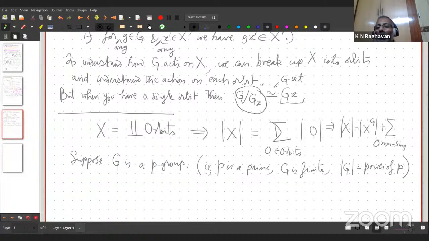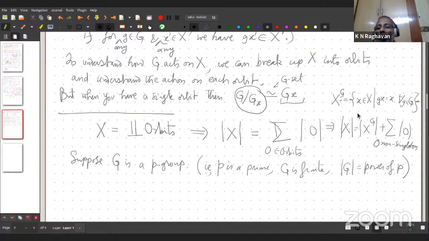Let me explain this. X^G is, by definition, the set of all x in X such that gx equals x for all g in G. So clearly, these elements form singleton orbits.